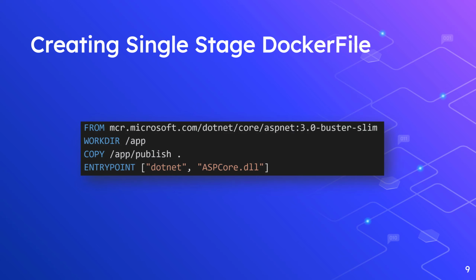As you can see here, we have a FROM mcr.microsoft.com/dotnet/core/aspnet:3.0-buster-slim. The mcr.microsoft.com is nothing but the container registry, so we are going to pull everything from the container registry.